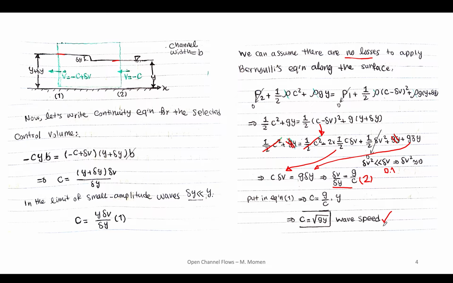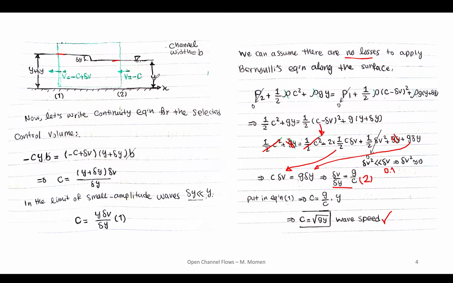And this is what we call the wave speed for small amplitude water waves or any fluid wave, like in an open channel flow. So this is a very important relationship because it shows you can find the velocity of these moving small amplitude waves based just on the depth of your channel, right?